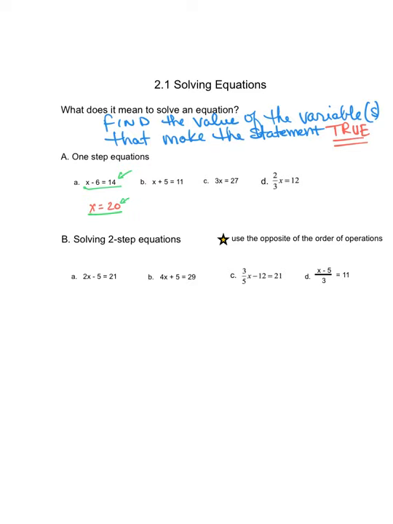Okay, so let's go to letter B, ladies and gentlemen. Solve that equation. Yeah, we're going to subtract 5 from both sides. So now x equals 6.